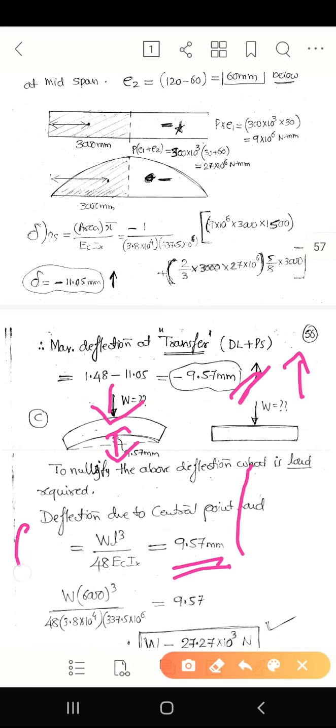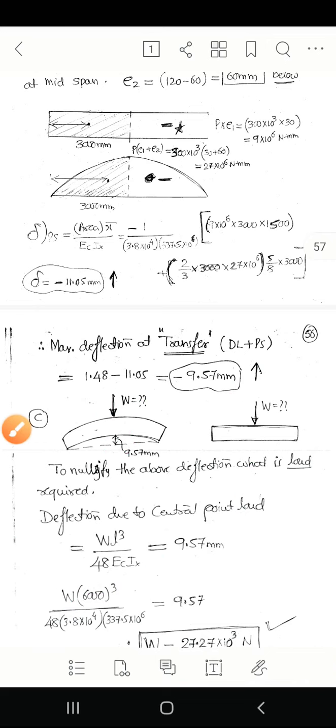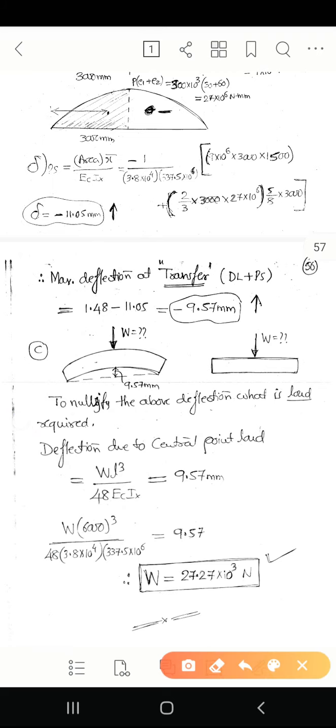So deflection due to the live load is equals to, so it's a point load. The formula is WL to the power of 3 divided by 48 into EC into IXX, right? So I can substitute the values and I can calculate the value of W. The W is only the unknown, right? So by doing this, I got the W value as 27.27 into 10 to the power of 3 newtons.